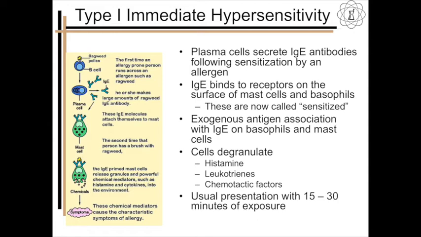And so again, if you've already been primed for this, the usual presentation of adverse reactions is going to happen within 15 to 30 minutes of the time that you expose the patient to them. So, an allergy-prone person, if you get the first administration of a radiopharmaceutical, is probably going to make the antibody, but not a big deal. Now, all of a sudden, they come back to nuclear medicine 6 months or a year later.